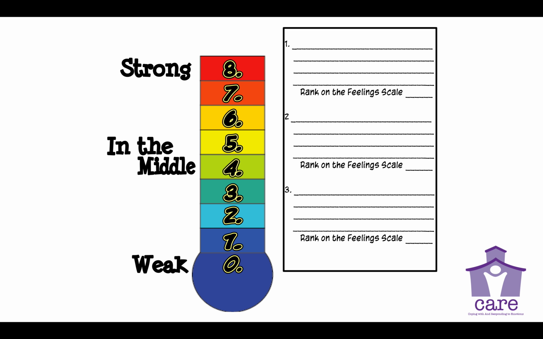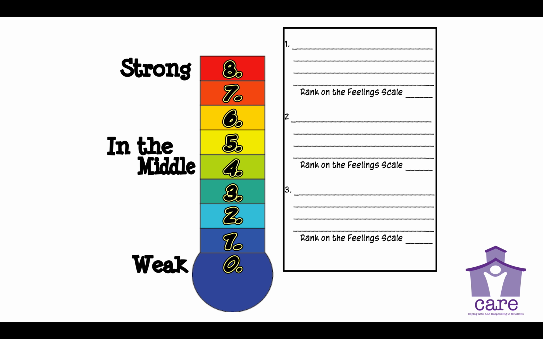Like if you're getting ready to take a test and a test puts you at about a 6 on the feeling scale, then maybe you need to do some calm breathing or some muscle relaxation before you take the test to try and help you get through that situation.